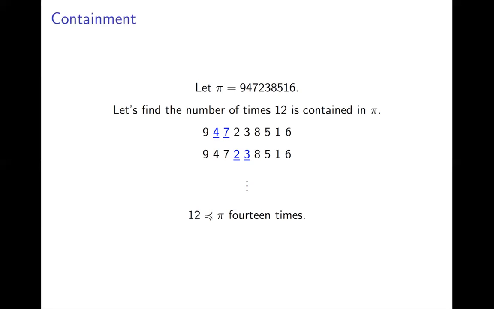And so for this larger permutation, it takes a lot longer to count all of the subsequences and then pick out the ones that actually have the same ordering as 1, 2, and that takes a long time. So one thing that we want to do is make it more convenient to count containment patterns. So our goal is to write a formula that tells us how many times 1, 2 is contained within another permutation, and we want to be able to generalize that formula for other permutations as well.